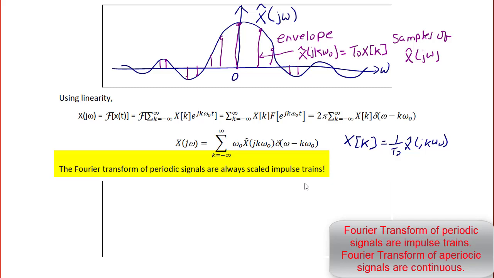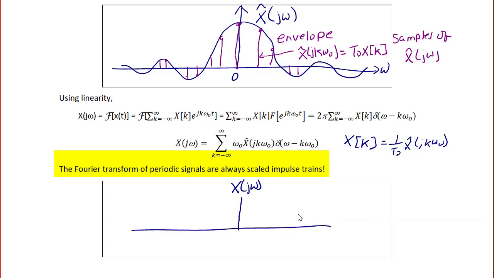So here we have a sketch of X(jω). Notice it's the same as the stems from before, but they're now impulses instead. They're scaled impulses. So X(jω) would look like the following.